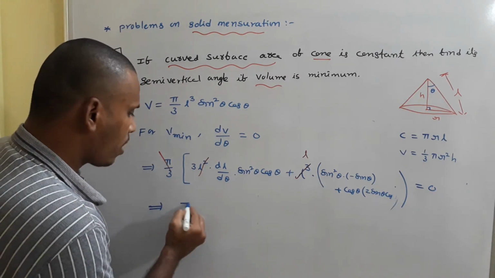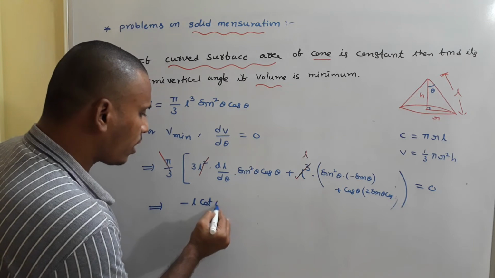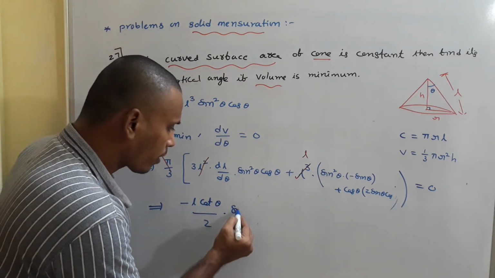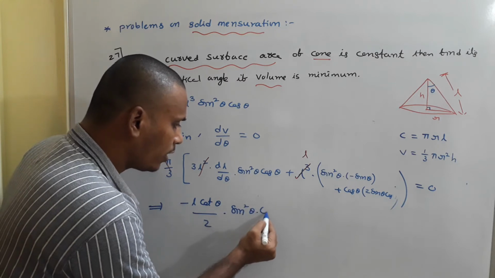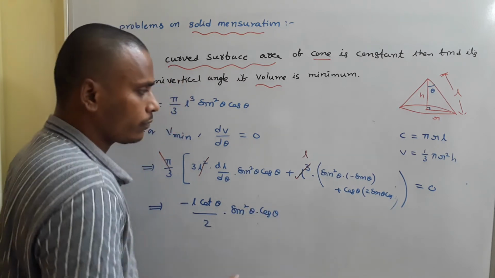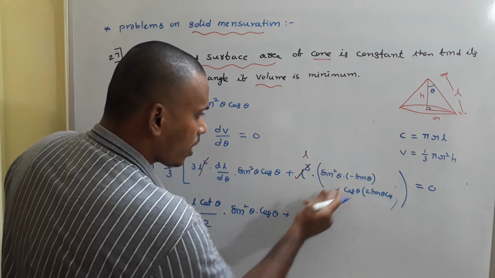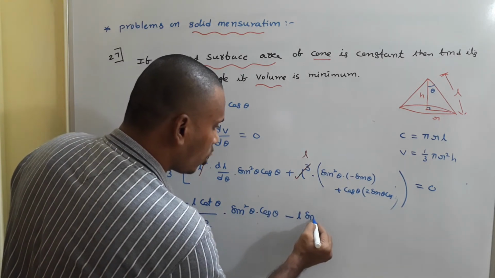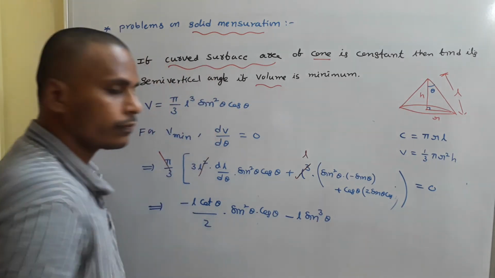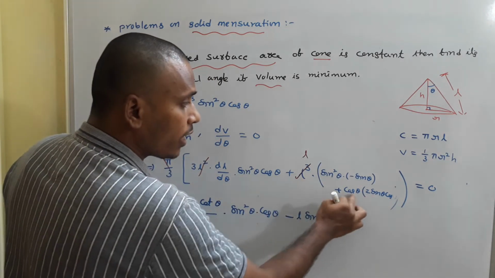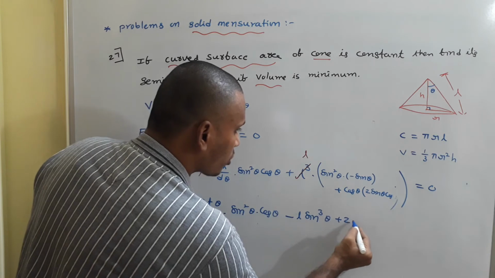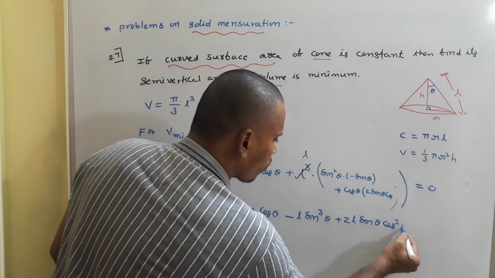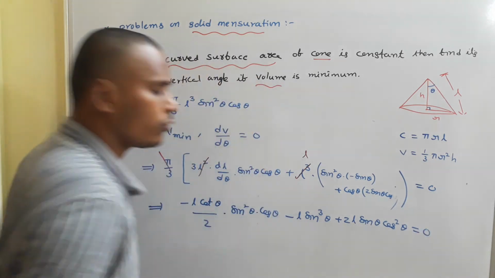This implies minus L cot theta by 2 is this dl by d theta into sin square theta into cos theta plus minus sin cube theta, okay? So minus L sin cube theta and then 2 sin theta cos square theta along with this L plus 2L sin theta cos square theta is equals to 0.